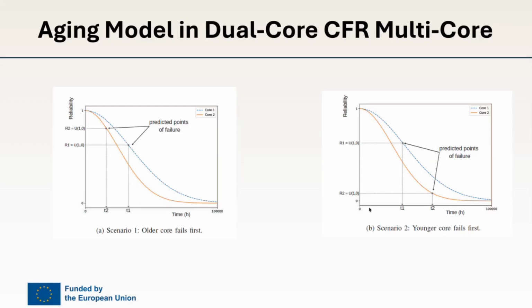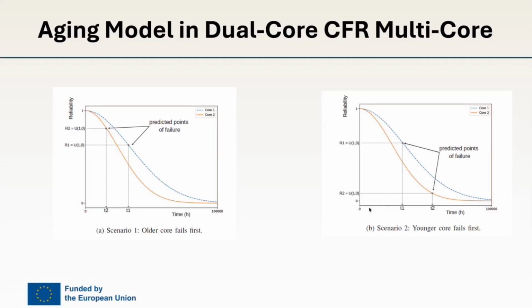So here is a simple example where we have a dual core, core failure resistant multi-core. There are two cores and they are working, and based on their initial working profile and what kind of workload and temperature the cores have experienced in their history, they have different levels of reliability.